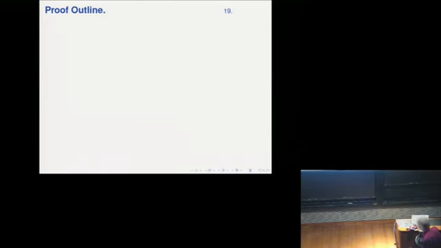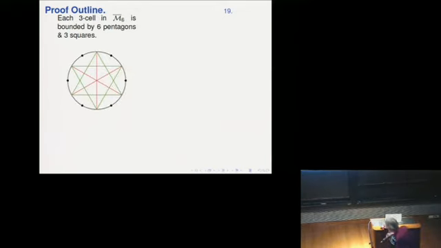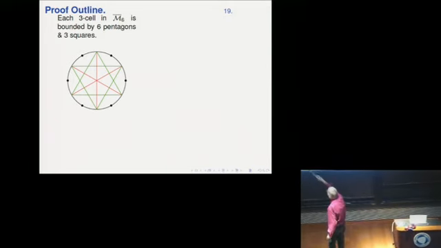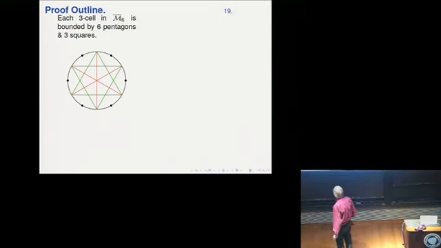Well, here's an outline of the proof. First of all, note that each 3-cell in M6 is bounded by 6 pentagons and 3 squares. We can see this as follows. We start by drawing a circle with 6 points around the boundary, and then each pentagon corresponds to a partition into 2 and 4.